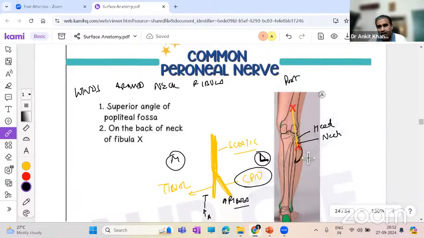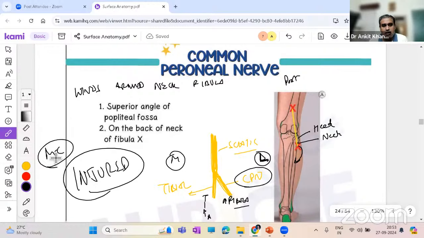Now, this, therefore, is the most common nerve to be injured in both upper and lower limb combined. I'm writing big: injured. Most common nerve injured in combined upper and lower limb. Why? Because it is lying outside. It is sort of subcutaneous.